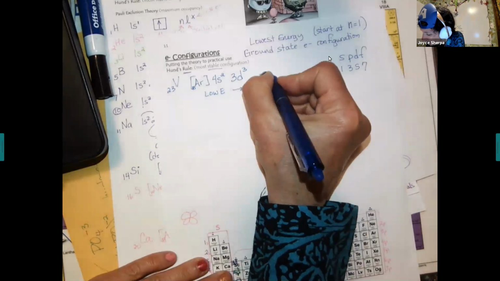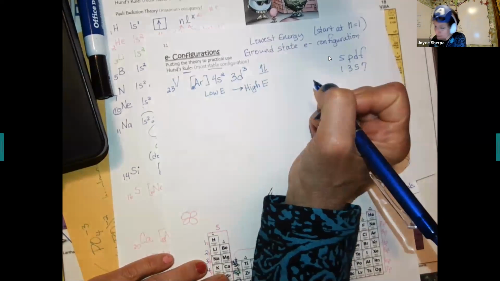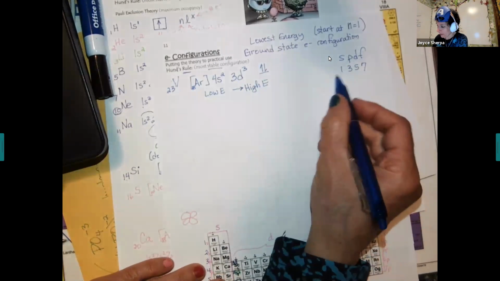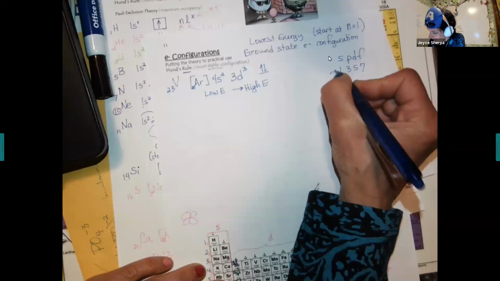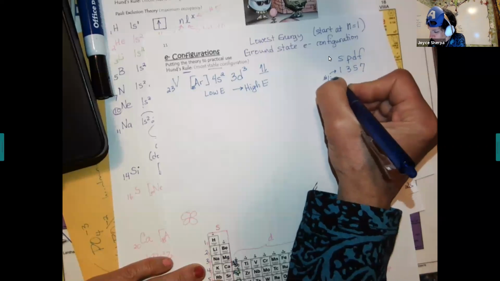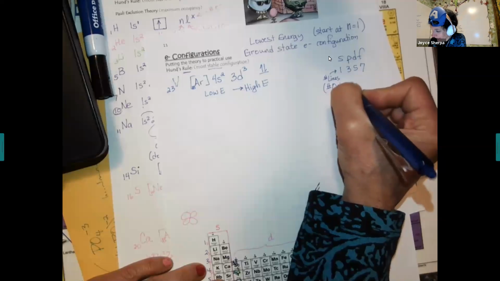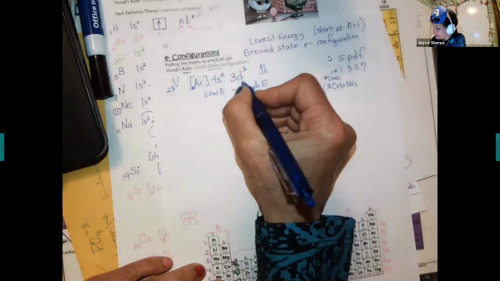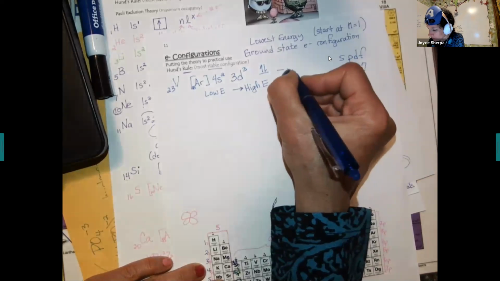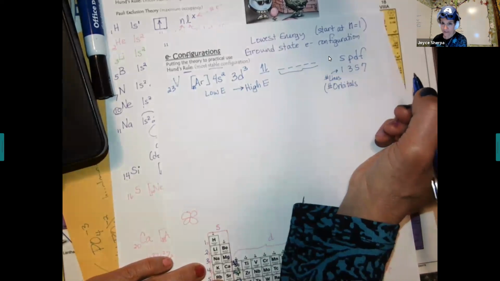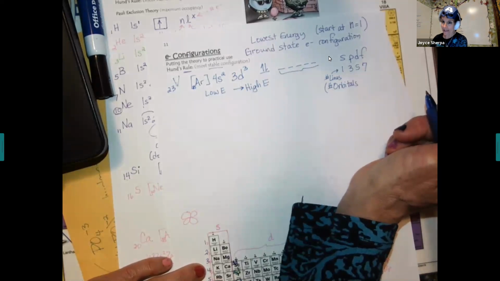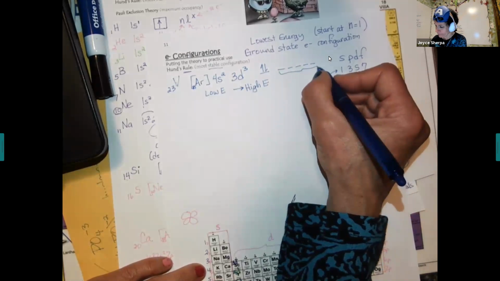How we do the box and arrows. That's my 4s, so 1 line. This is the number of lines, or the number of orbitals. And for D, I'm going to do 5 lines, 1, 2, 3, 4, 5. You're going to bracket them somehow, to show those 5 go together. If you don't bracket them, you're not going to get full credit.